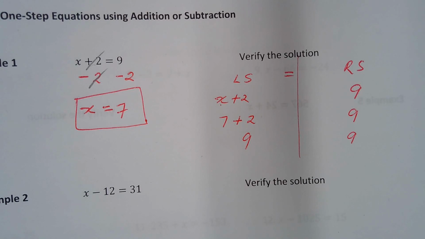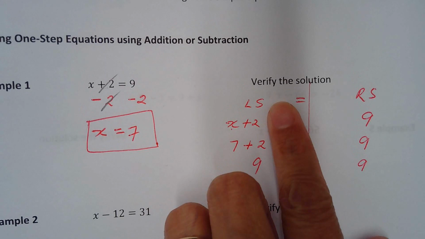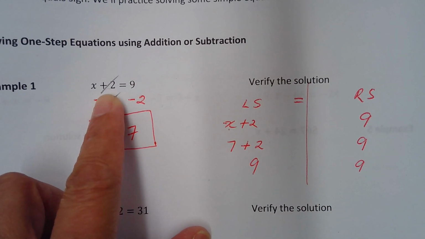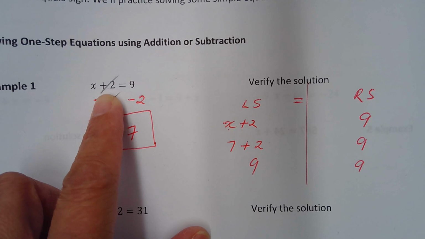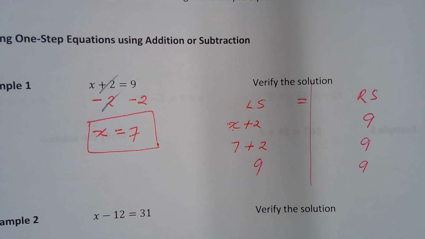Is that correct? Why not? Because 11 plus 2 is 13, and 13 is not equal to 9, right? So the left side has to equal the right side.